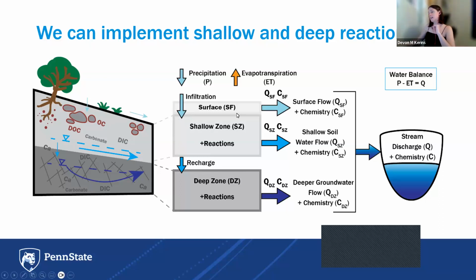All of these reactions will then produce concentrations contributed to the subsurface. And then BioRT will simulate the transport processes to the stream, where we can combine these flow paths and their distinct concentrations and get our stream discharge and chemistry.